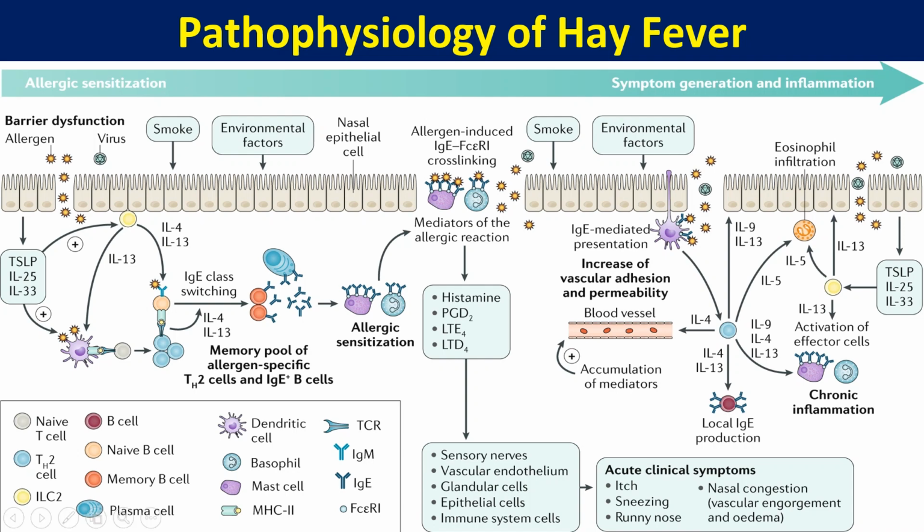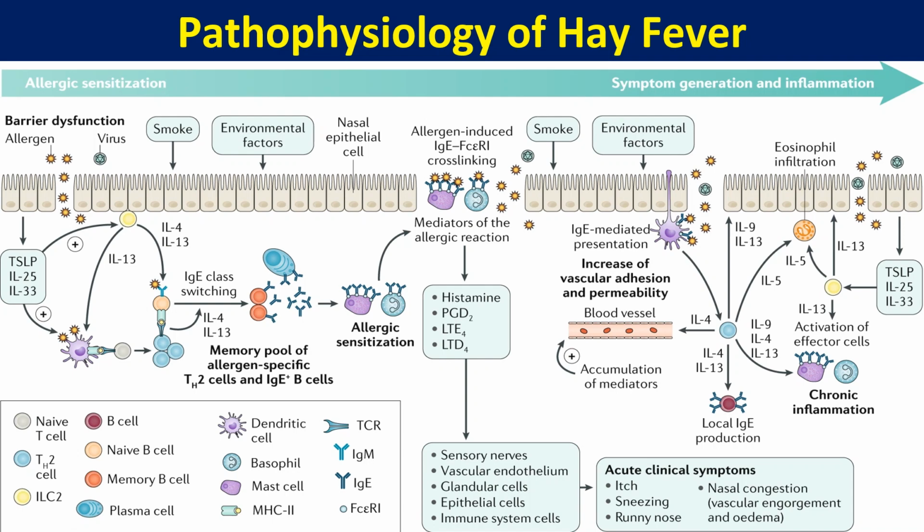So these are going to activate or sensitize other cells: sensory cells, trigeminal nerves, vascular endothelial cells, glandular cells, epithelial cells, immune system cells, and ultimately we are going to have signs and symptoms like itchy nose, sneezing, runny nose, nasal congestion, and other signs and symptoms of rhinitis.